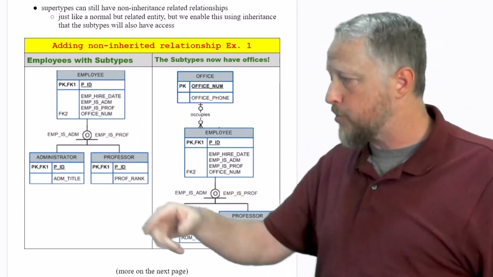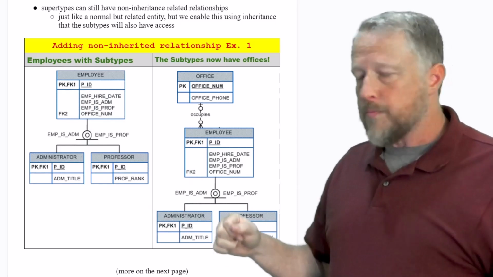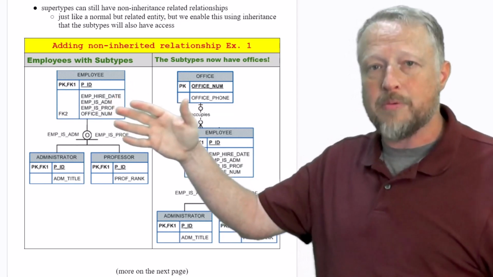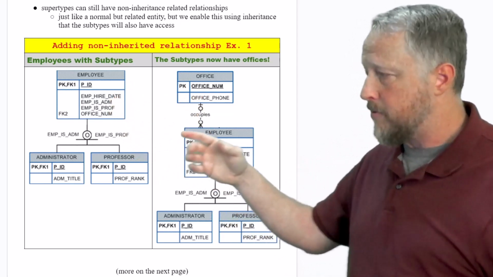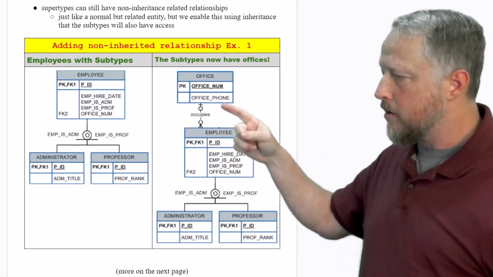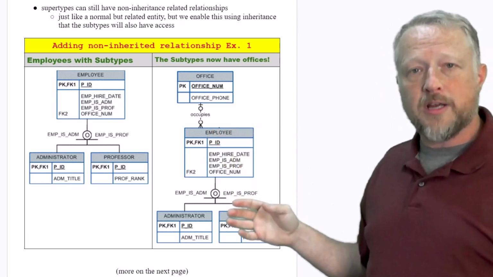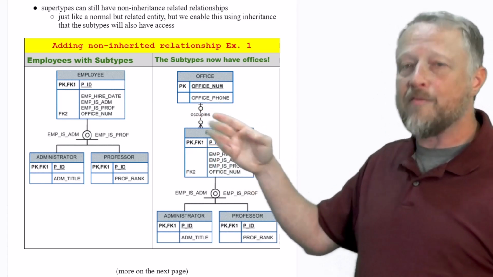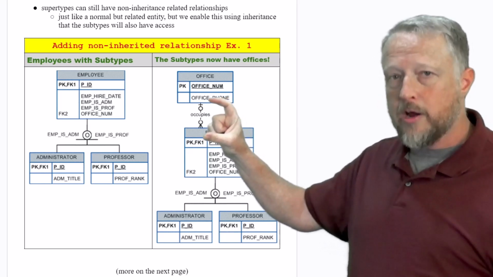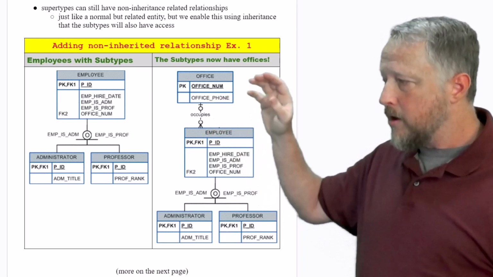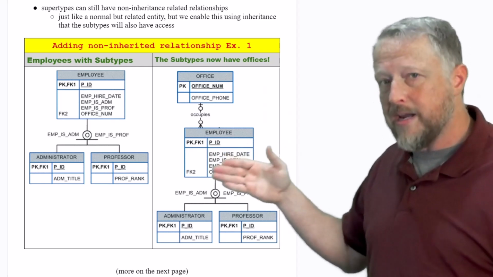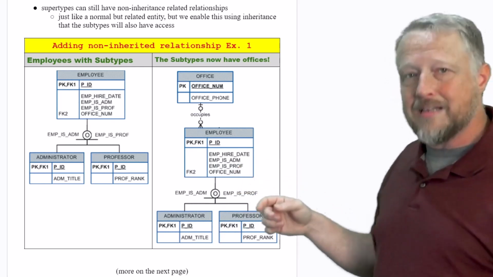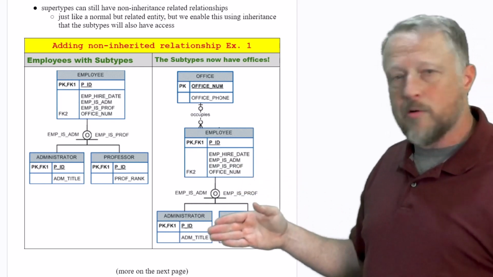That's employee, administrator, professor. Now, just because we have inheritance doesn't mean that the supertype can't have a relationship. That sounds weird, but bear with me here. This relationship is not using inheritance, but what it's saying is that every employee is going to have an office. Now, because every employee is going to have an office, doesn't it make sense that if the administrator is an employee, they're going to have an office?